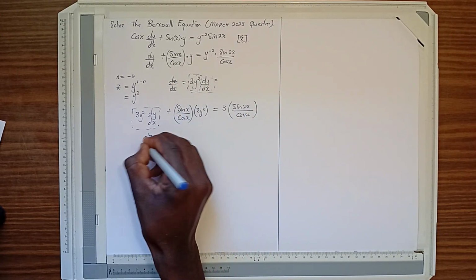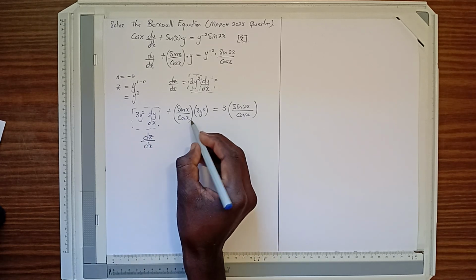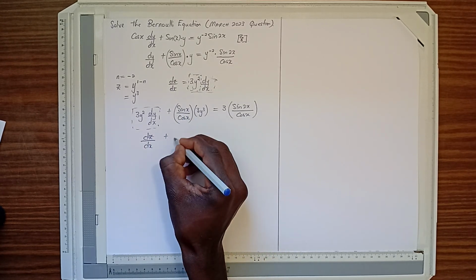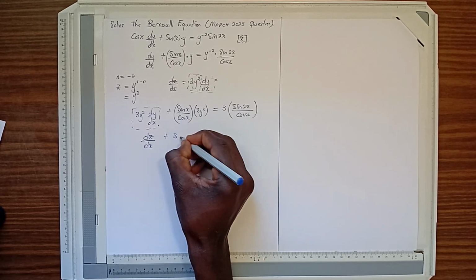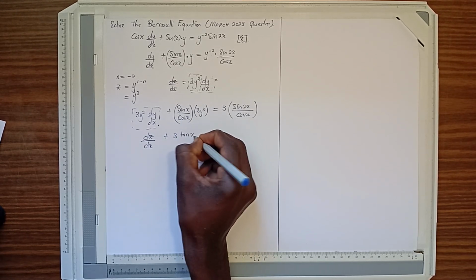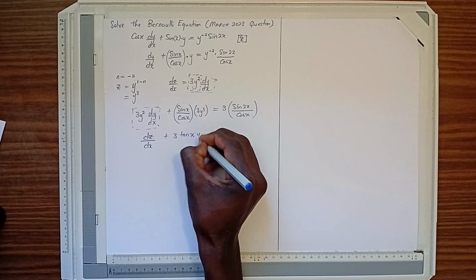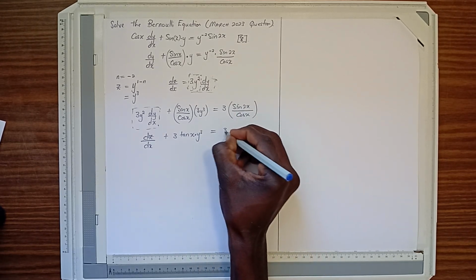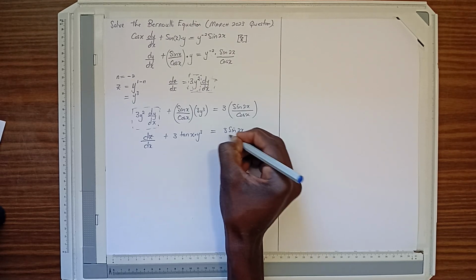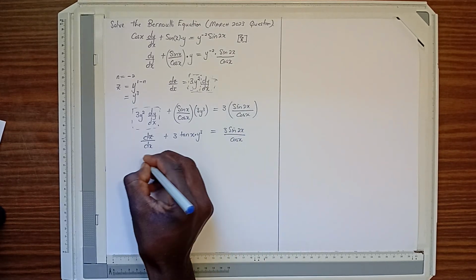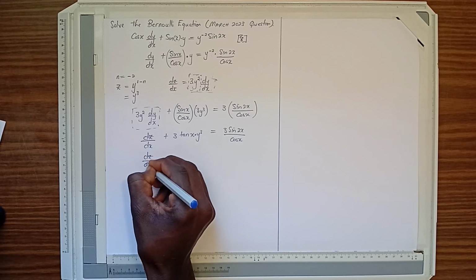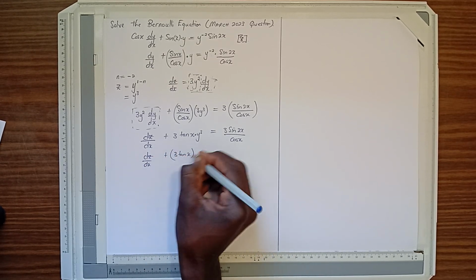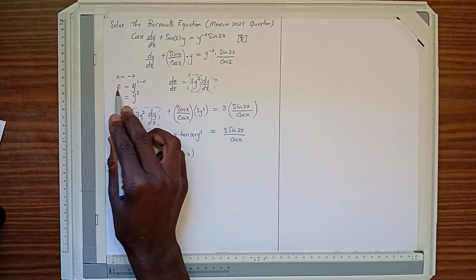So dz over dx, and here plus this one is the same as 3 sine over cos, which is equal to tan x. 3 tan x y cubed is equal to 3 sine 2x over cos x. Then dz over dx plus 3 tan x, and y cubed is equal to z.